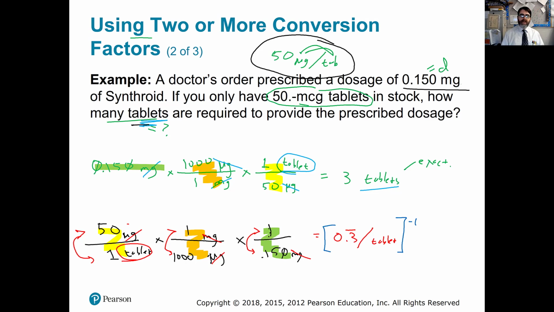And when you do that, it will flip numerator and denominator here. I'll put 1 tablet per 0.3 repeating is what your calculator will do when you do that power of -1 there. And then it turns out that it will also give you the answer of 3 tablets. And you'll be correct. So either method works.